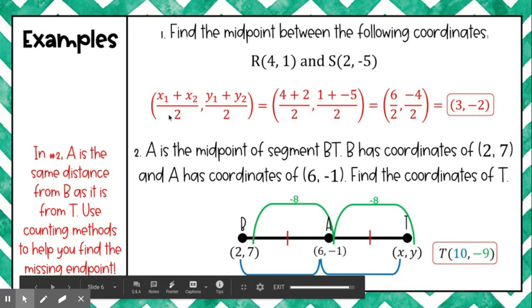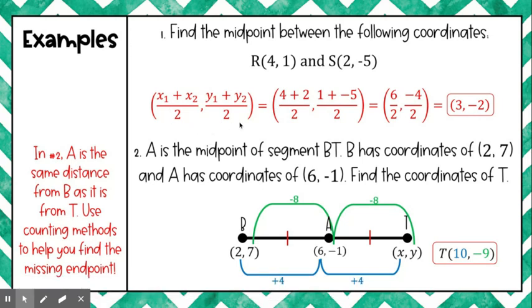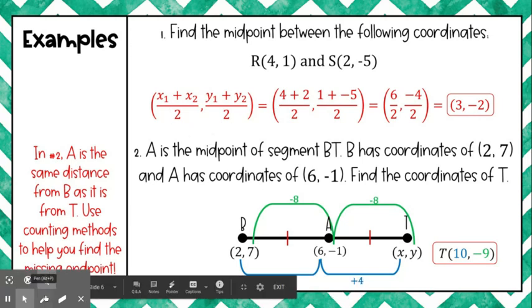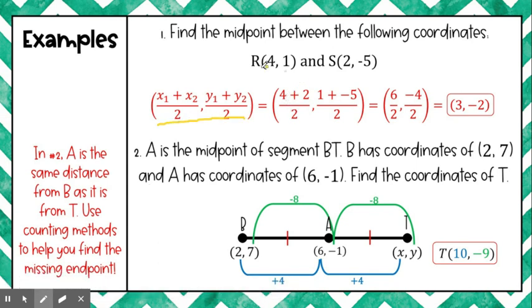So, here we have our midpoint formula again in red right here. Now, we're going to sub in our numbers. Where do we get these numbers from? So we need x1 and x2. Then we need our y's.